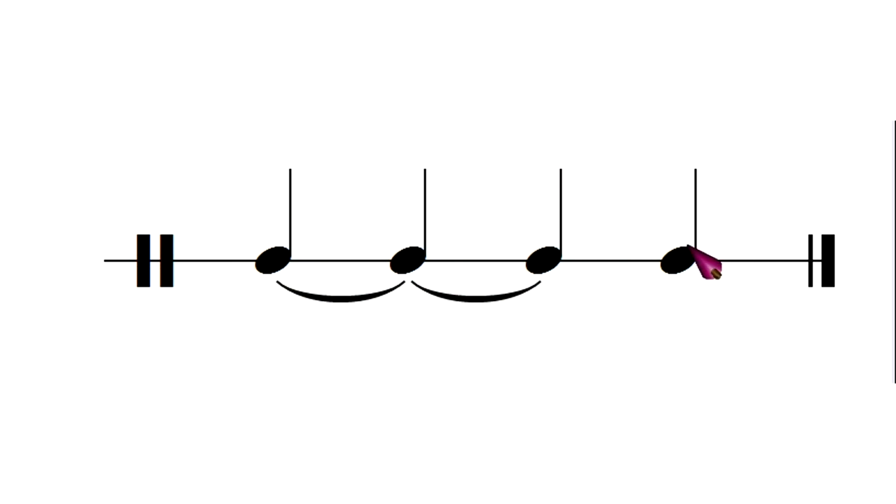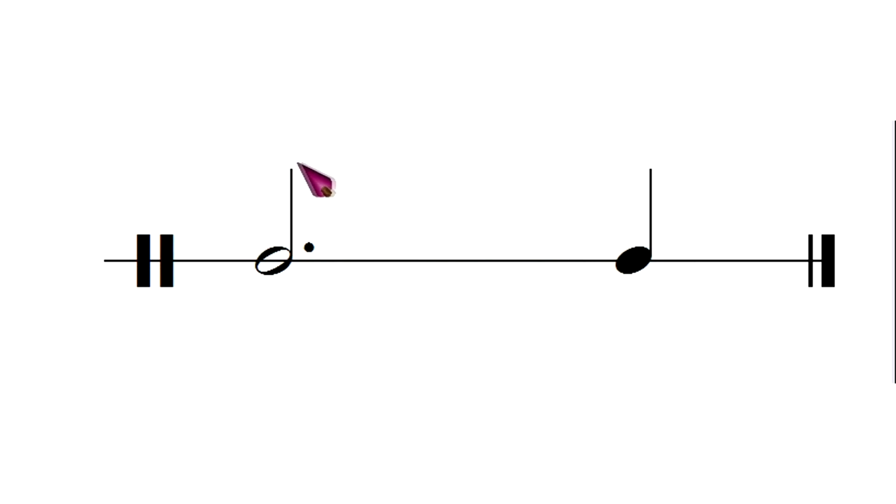And I'll repeat it as a loop: ta, ta, ta, ta. But this is also very uncomfortable to write all the time, so if I'm going to use it very often, I prefer to create another symbol that does that, and that is going to be a dotted half note.